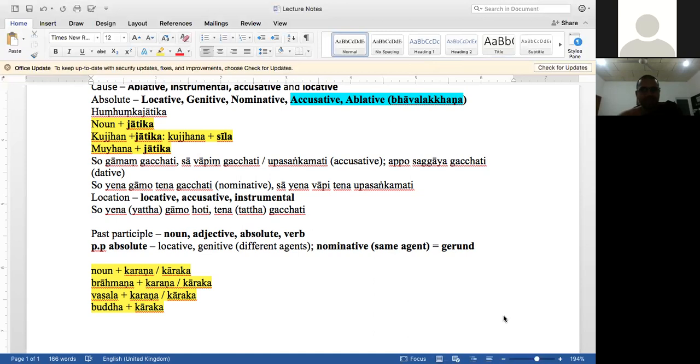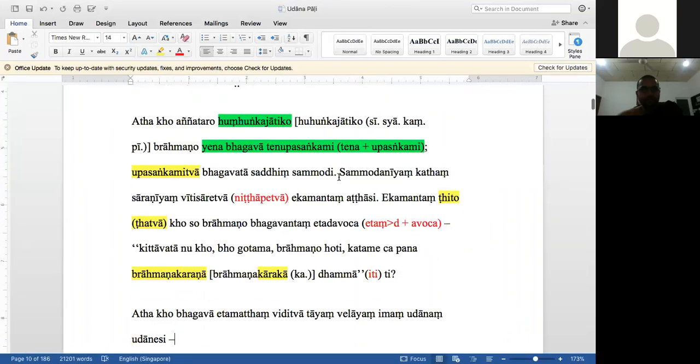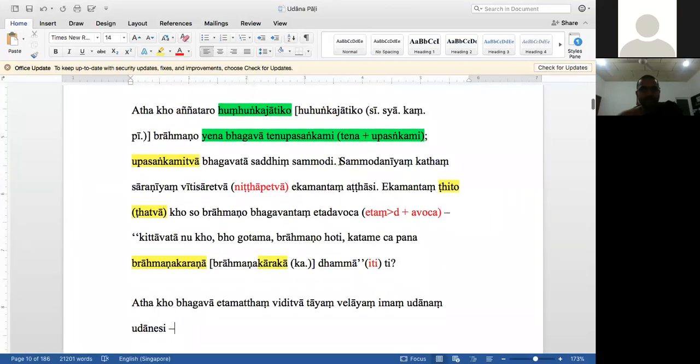If we go to the sutta, to the middle of the paragraph: sammodaniyam katham saraniyam vitisaretva ekamantam atthasi. Then ekamantam thito, traditionally they would keep the thito as it is, and within brackets they would give hutva, being.